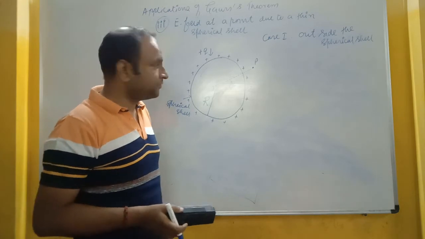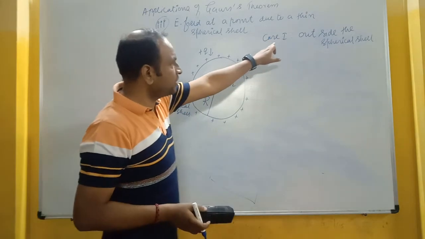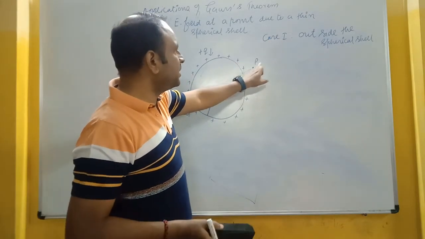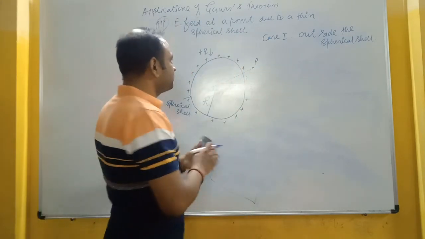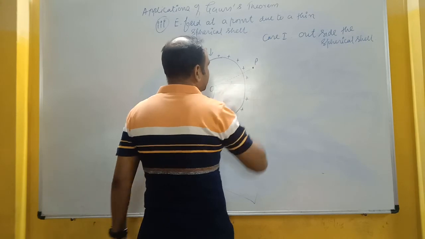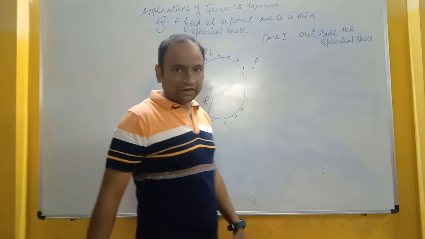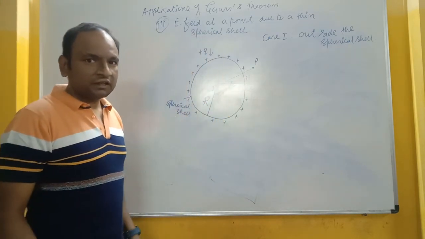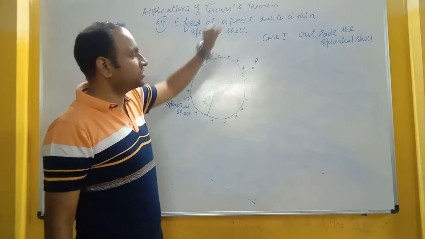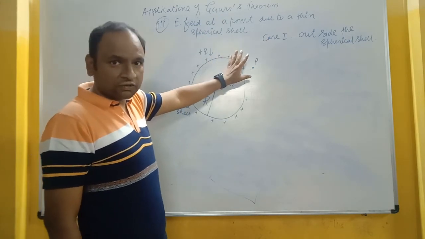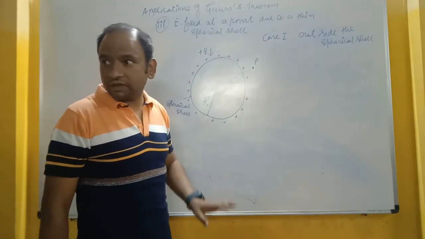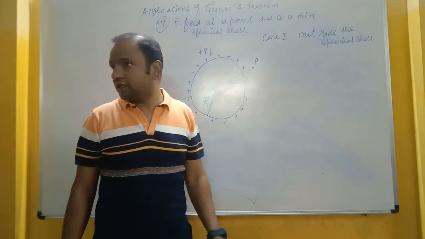So in my first case, my point P is outside the spherical shell, and at this point I want to find the value of the electric field. How to do it? I have to apply Gauss theorem. Are these charges enclosed right now? No, they are not enclosed. Gauss theorem is applicable only for enclosed charges.